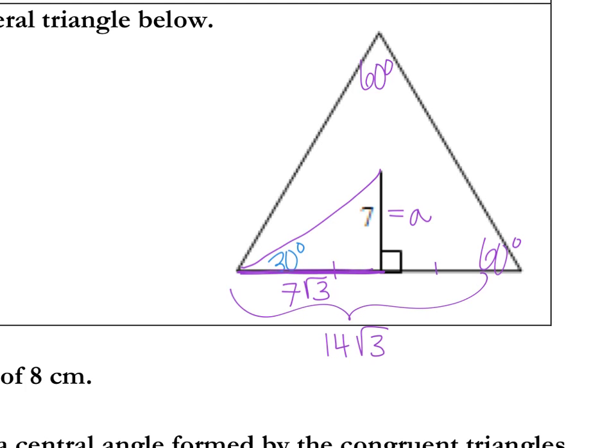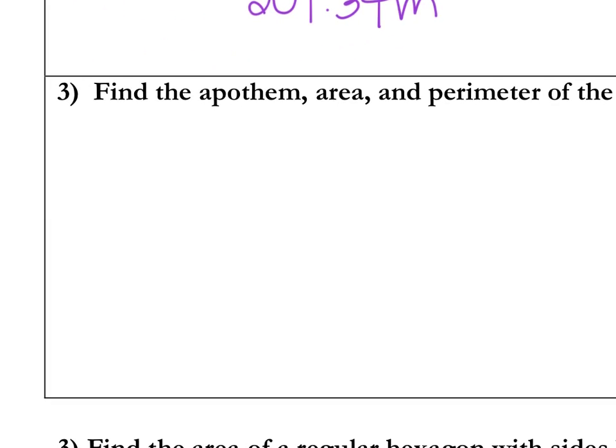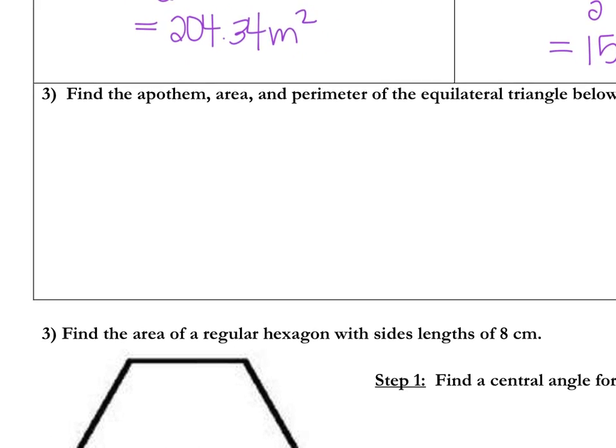Okay. So now we have our information to plug everything in. So the apothem is 7. That was given to us. The area is 1/2 the apothem times the perimeter.